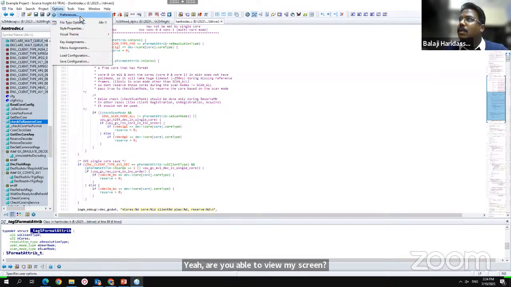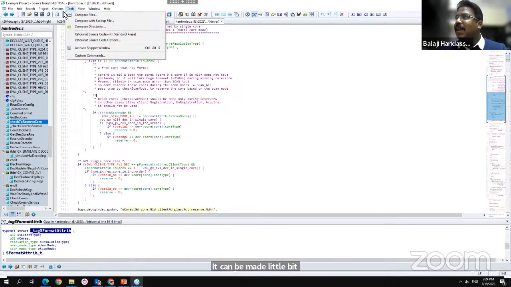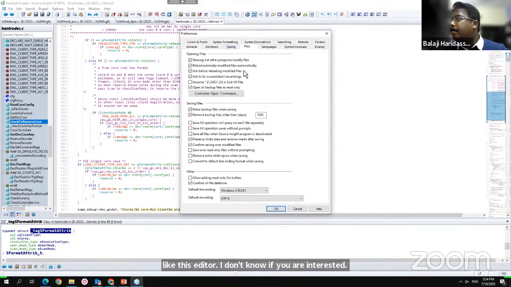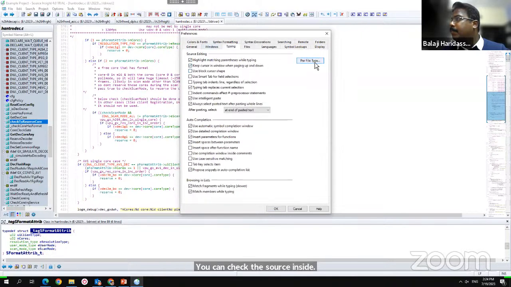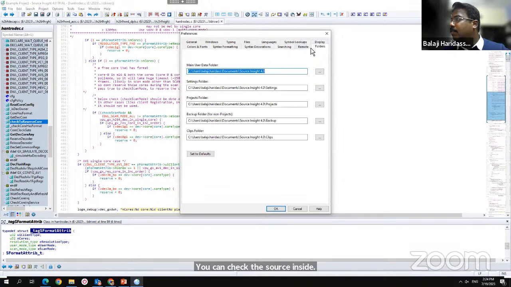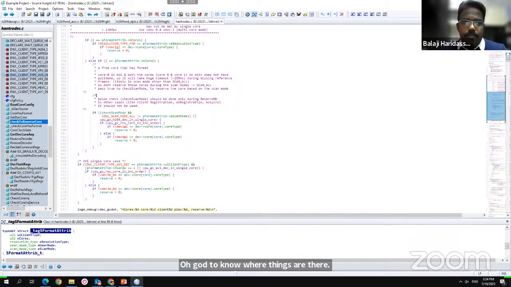Yes, sir. I don't know if it can be made a little bit bigger, sir. I'm trying to. I actually just installed this one. I like this editor. I don't know if you are interested. You can check the Source Insight editor. Is there a zoom option in your view window? Maybe you can click on the zoom option in your view window. Okay, sir.